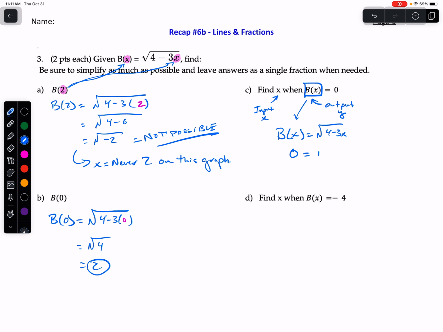So 0 equals 4 minus 3x. We are going to square both sides, because the square root can definitely be 0, so we have a legitimate thing here. If we add 3x to both sides, we'll get 3x equals 4. So x equals 4 over 3.